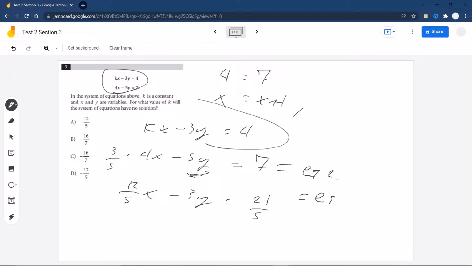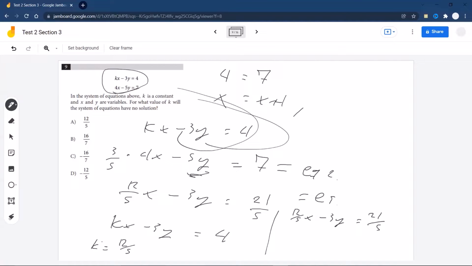Now if I look at this original equation, that's kx minus 3y equals 4. What might k be to make this an untrue statement? Well, if I make k equal to 12 over 5, then I get the set of equations 12 over 5x minus 3y equals 21 over 5, and 12 over 5x minus 3y equals 4.